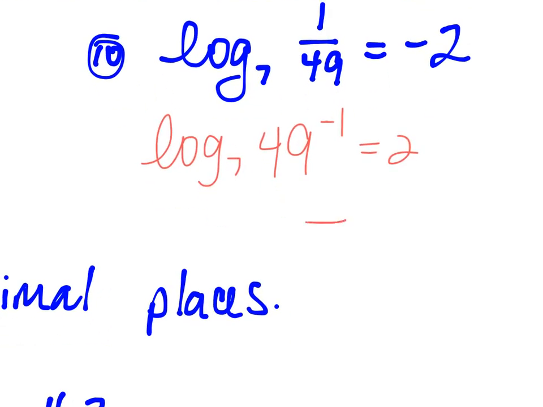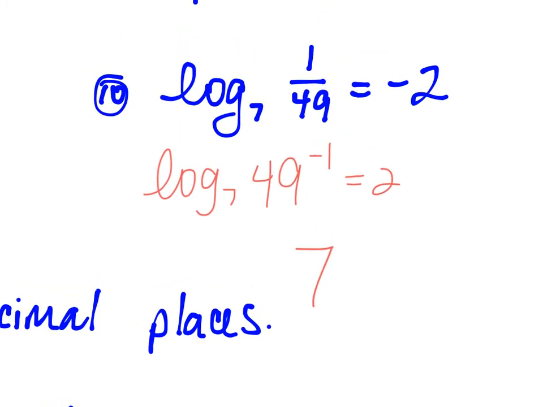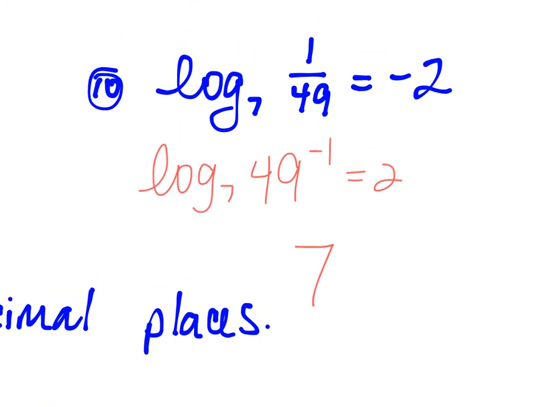Big 7. My big 7. So think about it. Is it 7 to the negative 2 equals 1 over 49? Or is it 7 to the 1 over 49 equals negative 2? 7 to the negative 2 equals 1 over 49. Think about that. Every time you see a negative exponent, what did I tell you should think of? Fraction. A fraction. Always, always, always. It's just rearranging.